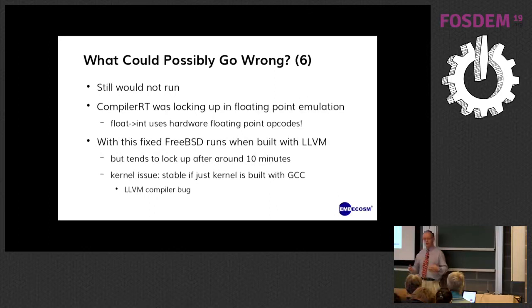If you've got a machine that doesn't have hardware floating point, what it generates is hardware floating point instructions, and they cause a trap which goes into Compiler-RT, and then you emulate them. The problem was that one of the Compiler-RT programs actually doing the emulation had hardware floating point instructions in it, so it promptly trapped and called itself again. And shortly after, this blew up. Once we'd realised what the problem was, it was fairly easy to fix.